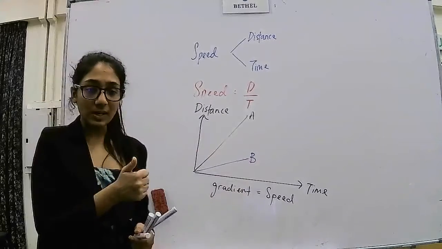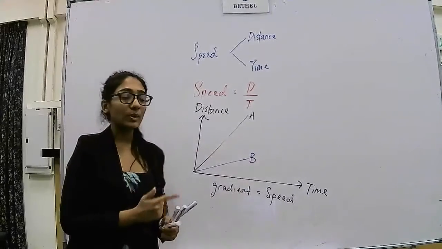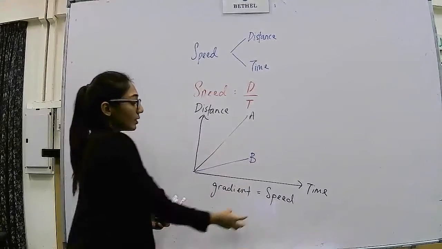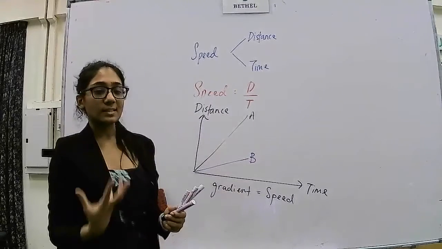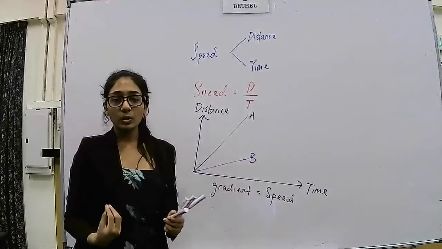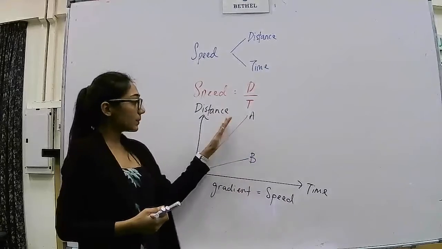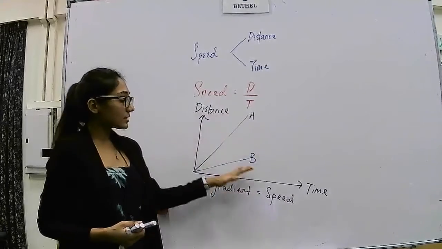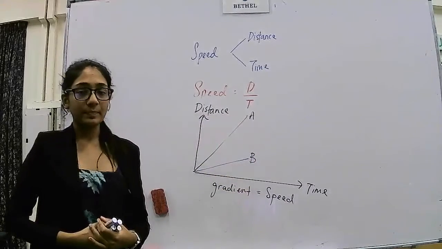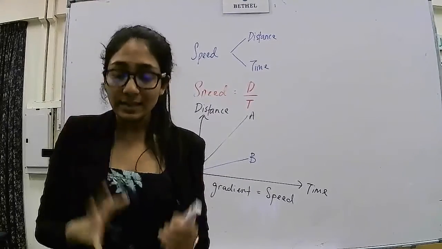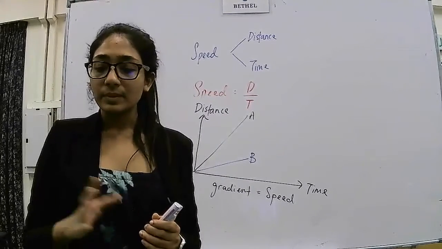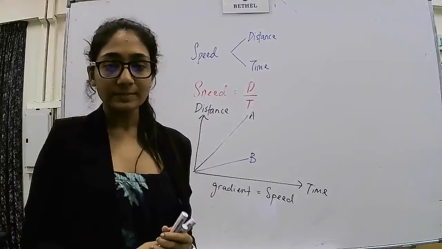So we look at speed, average speed, the distance time graph, and the gradient, whether it's steeper or less steep, which means higher speed or lower speed. Remember, when it is steeper, it's higher speed. When it is less steep, it's lower speed. These are the main elements that you have to understand up to this part of the chapter. Okay, thank you.